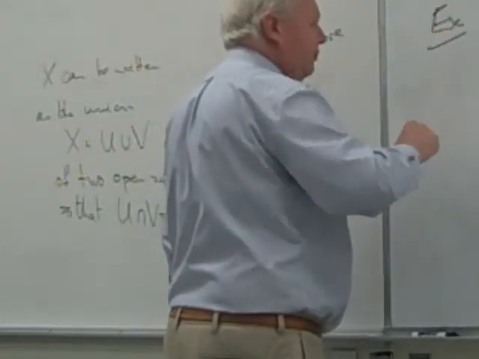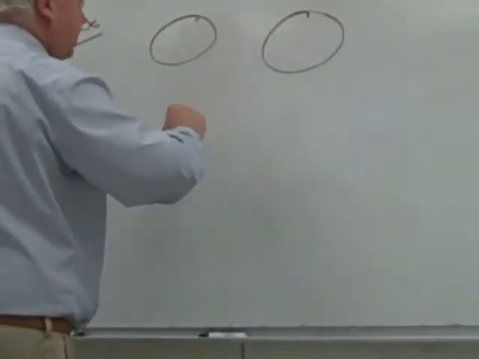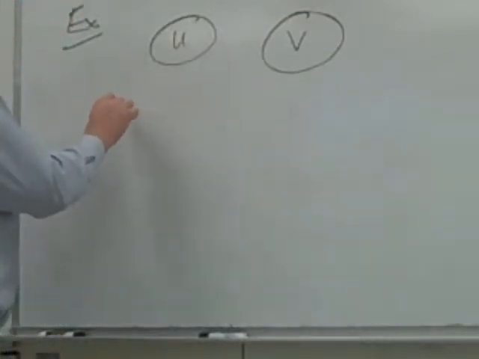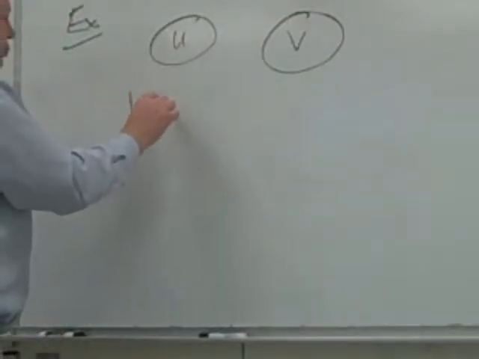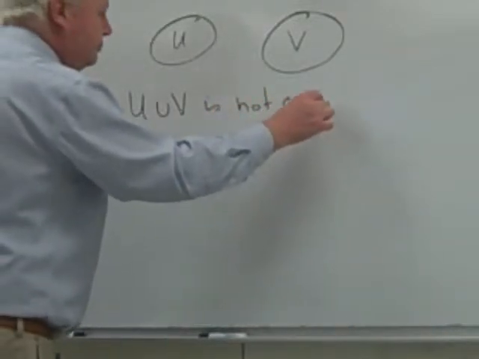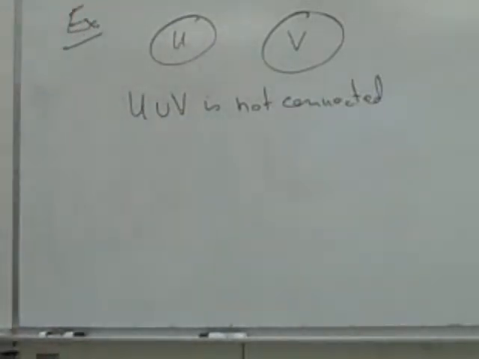So for example, if this is U and this is V, then U union V is not connected, because we've got two disjoint, non-empty open sets that make up our metric space.